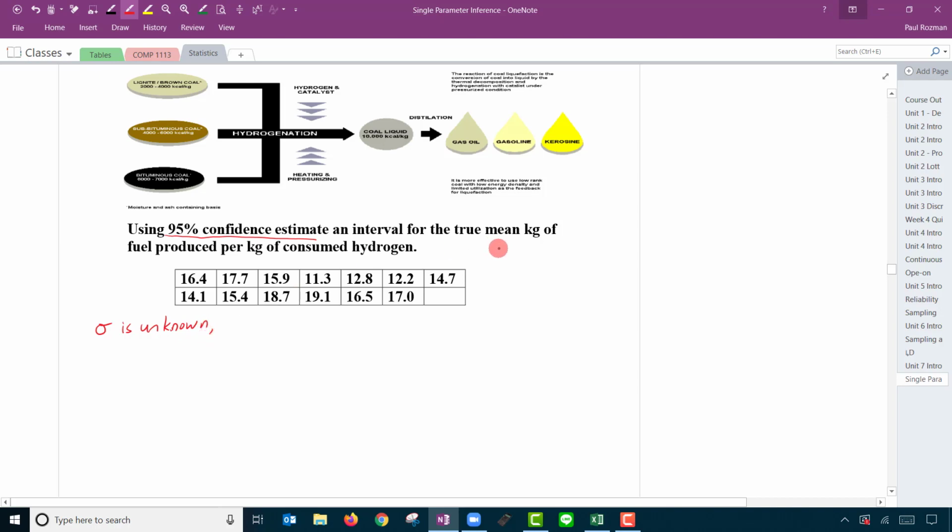Then I look at the sample size. N is small, which could be trouble. But the population was given to us.